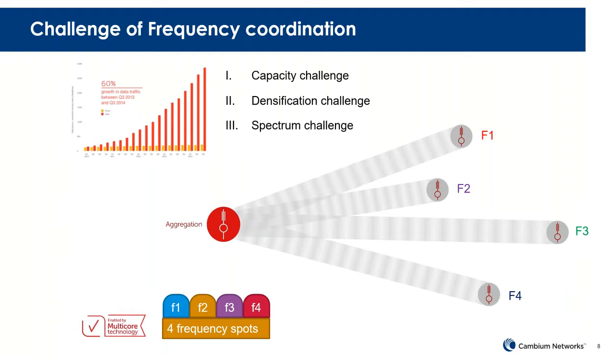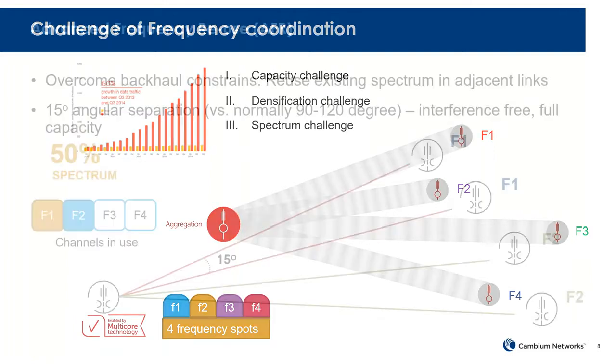One way to do it is to say, I'm just going to apply for 4 frequencies and set up 4 links. This is assuming that you really can get those 4 frequencies. What if you cannot get 4 frequencies? Instead, you can only get 2. What do you do? So here's the way.